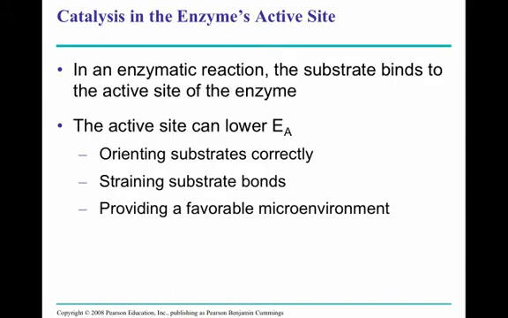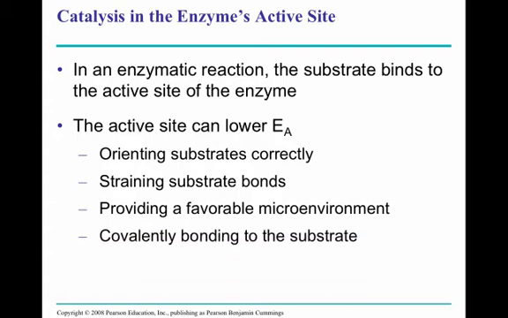So within that active site, perhaps the pH is ideal, or maybe it's the right polarity or the right charges or whatever it takes to make those substrates break down. And the active site can covalently bond to the substrate, which helps break apart the substrate or strengthen the bonding between two substrates, if that's the case.